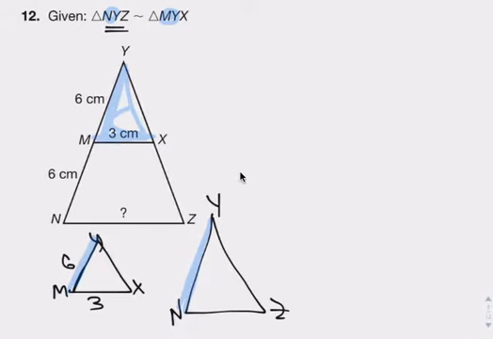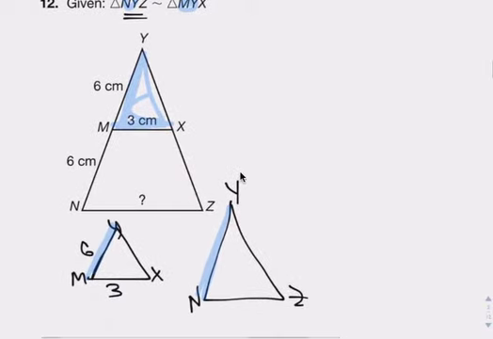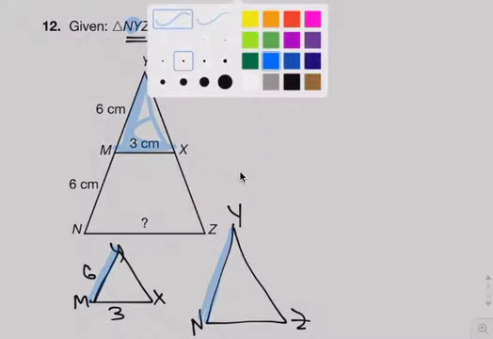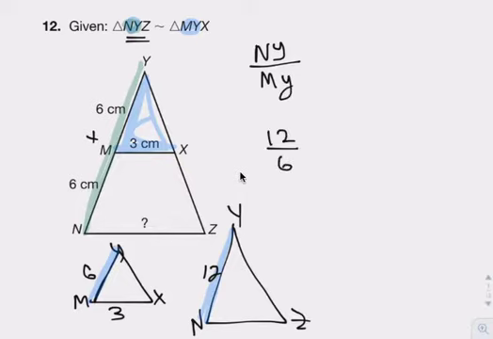And we both know that NY right here, the whole length is 12, because 6 plus 6. The whole thing is 12. Okay? So those correspond to each other, so we can write NY over MY, which is 12 over 6.